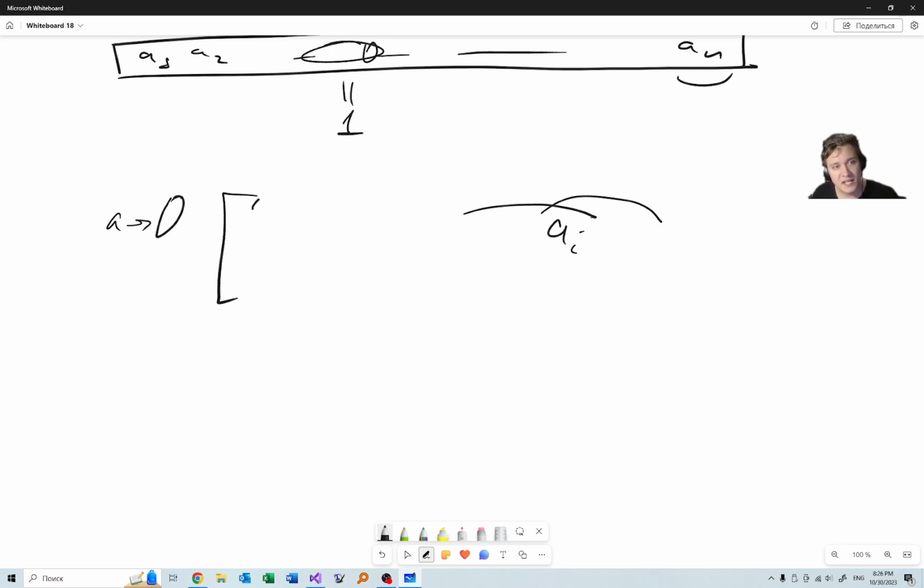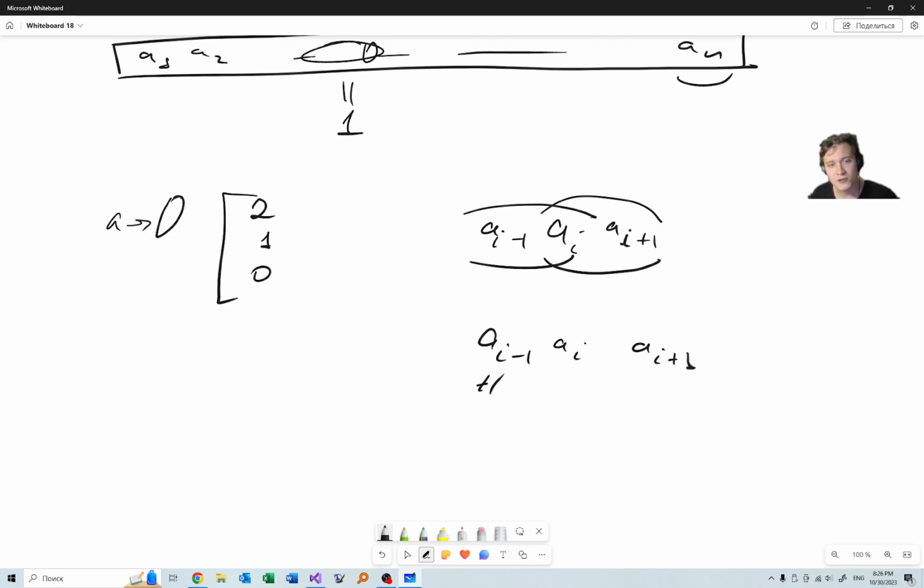And we can either make 2 fixes, or 1 fix, or 0 fixes. 2 fixes is, for example, if both these GCDs were 1s and they became non-1s. How could it happen? It could happen if they were both 1s, GCDs, but these numbers were not 1s themselves. Why is it important if a number is 1 or not?